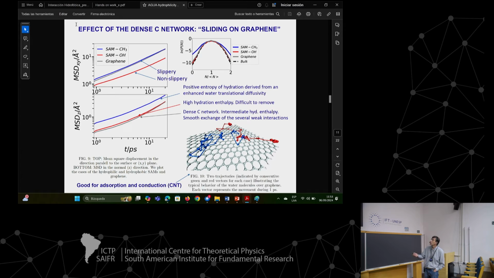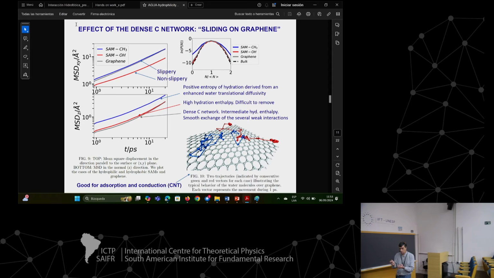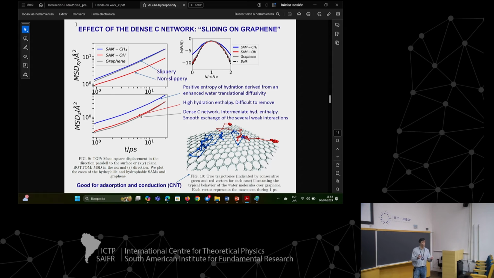Again, you have the two limits, this is the hydrophobic, this is the hydrophilic, and graphene is very close. Even below, it's strange, but it's very, very close to the hydrophilic. So here, the molecules move. They are not attached to a site, but it is very difficult to create a cavity, since when a water molecule moves, another one is replacing it.